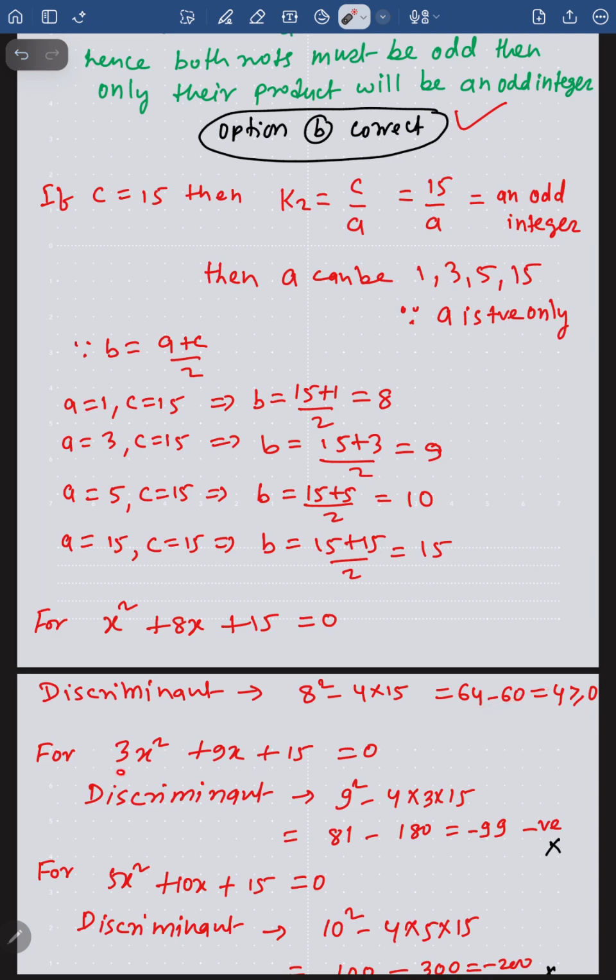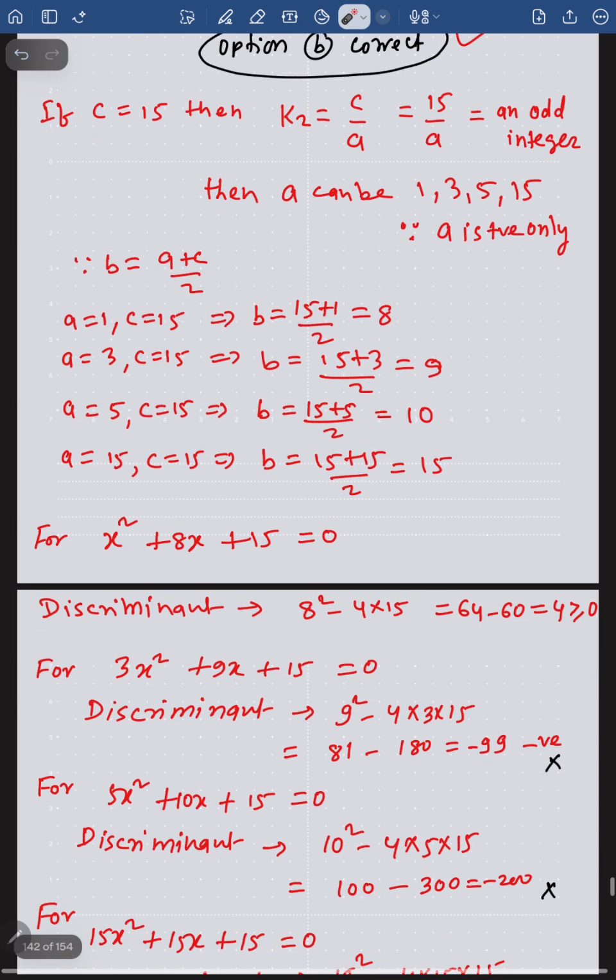a is 3, so 3x square plus 9x plus 15. In this case, if you find the discriminant, b square minus 4ac, 9 square minus 4 into 3 into 15, 81 minus 180, minus 99. So the discriminant cannot be negative if the quadratic equation has integer solutions.